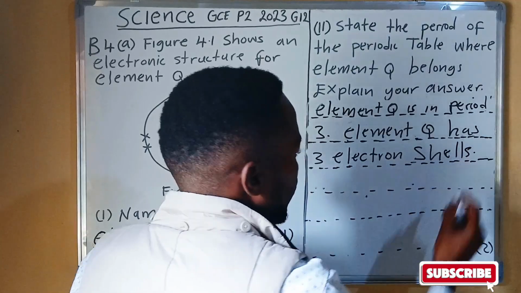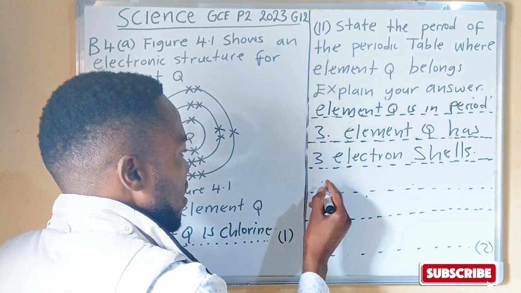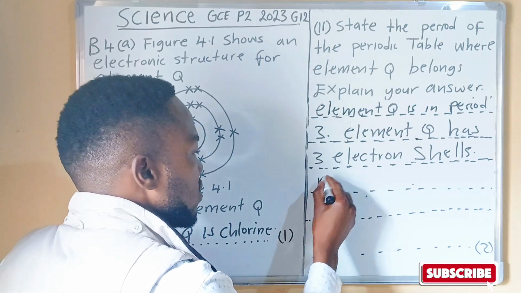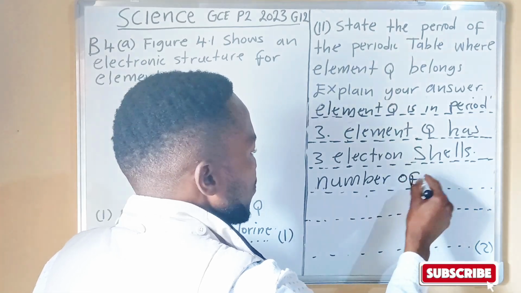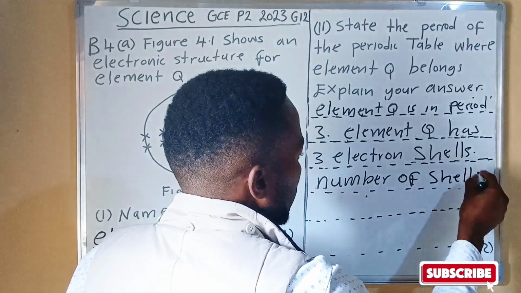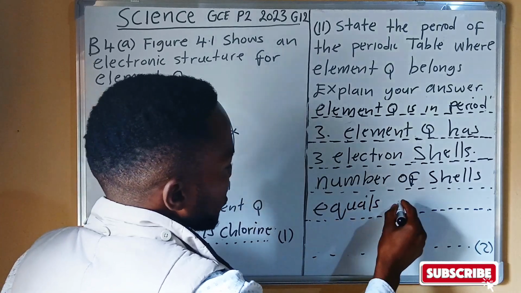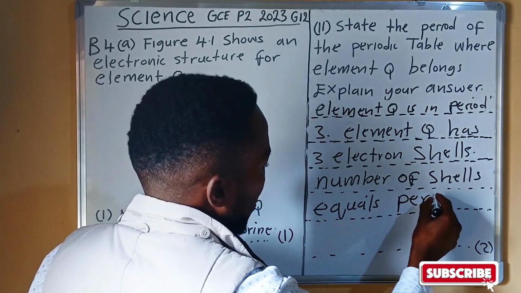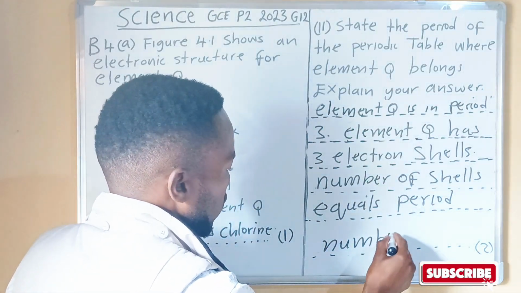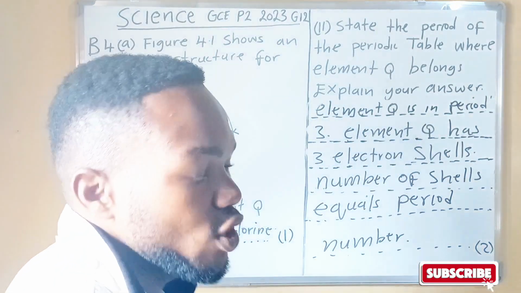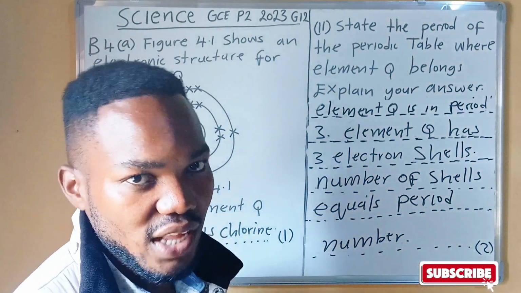You can put a full stop. Then you say number of shells equals period number. That's the explanation. You just say number of shells equals period number, or periodic number.